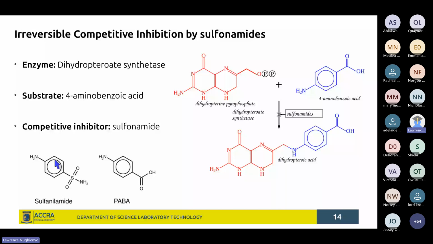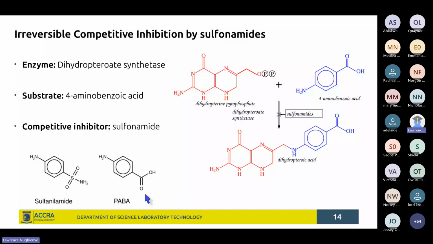If you take a look at the structure, and look at the structure of the para-aminobenzoic acid, which is a substrate to the enzyme, you see there's a close similarity of the structures. The only thing is that for the sulfonamides, you are having this sulfonamide group in place of the carboxylic acid group, which you find in the para-aminobenzoic acid.